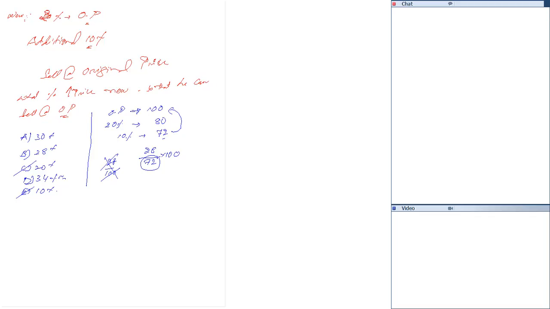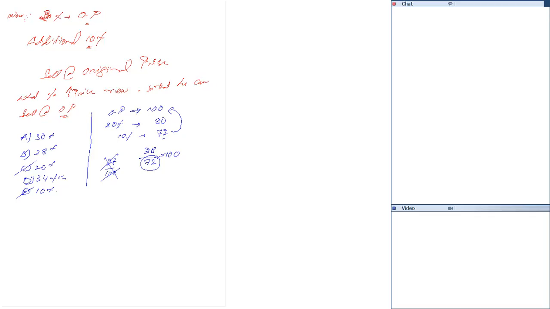So, if 1/5 is 20%, what is 80% in fractions? 4 by 5. That has to be there.